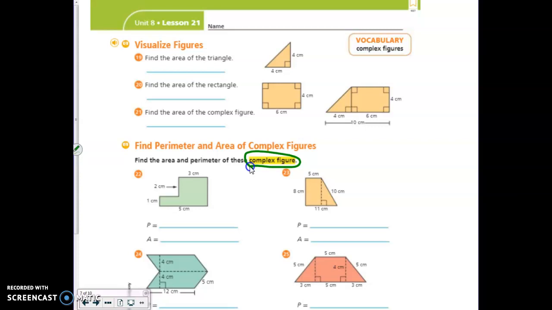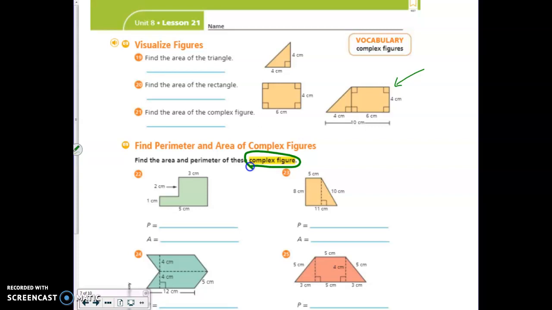And so what we're looking at is how we could best find the area of this third shape, which I guess you could say is a trapezoid. It does have one set of parallel sides, and it is a quadrilateral once we put them together.